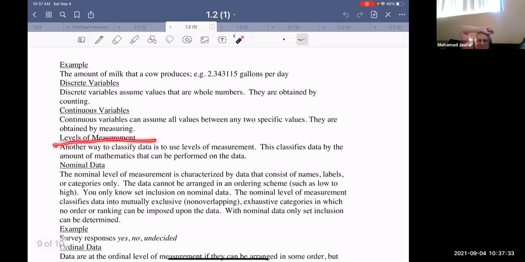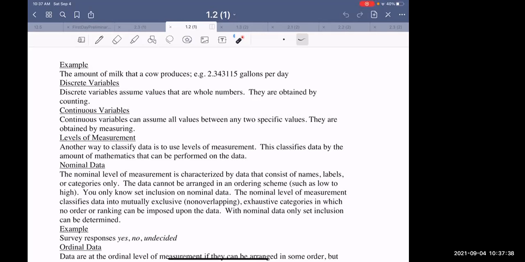Levels of measurement. So one way of classifying data is to see if it's of numerical or non-numerical nature. Another way, and this is completely separate, a different way of trying to classify data, is only for data. This is not for variables. The previous classification was the same for both variables and data.